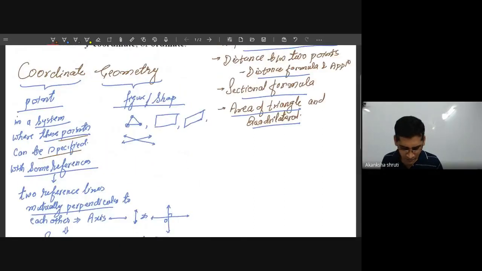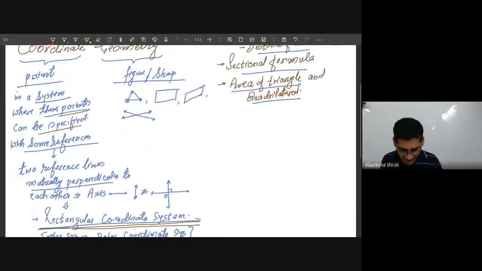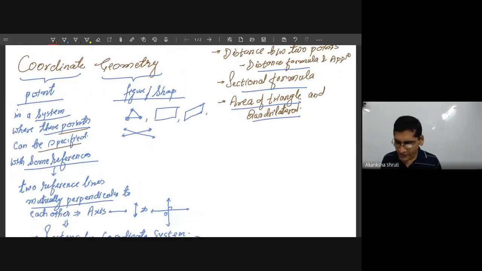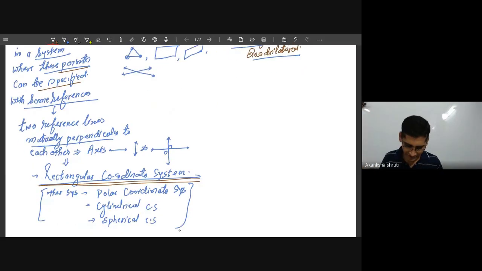Now let us continue. A study about a figure in the rectangular system is sometimes also called coordinate geometry. So with the help of the coordinate system, the geometry is explained. That is the other way of writing or even thinking.